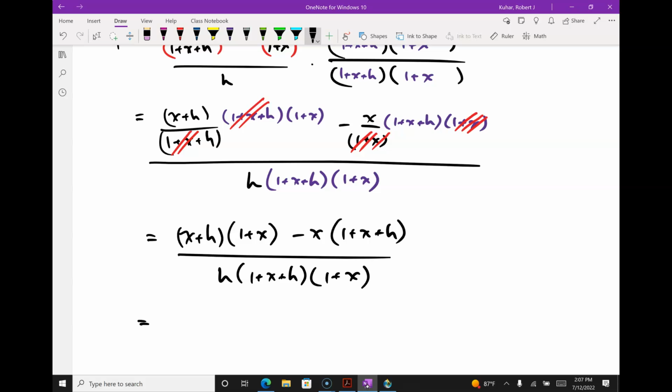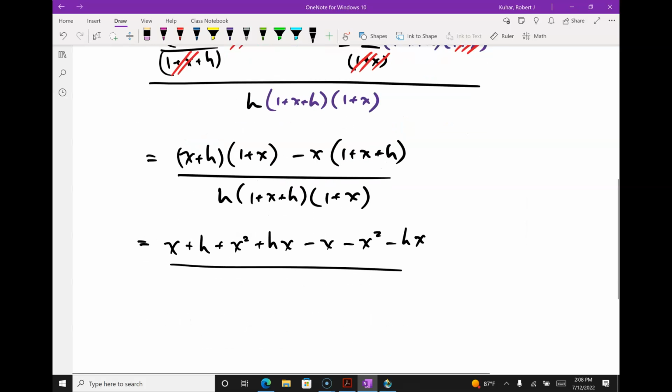I'm going to distribute. Upstairs only. Why? Why do I distribute upstairs only? Yeah, I want to get things factored so I can cross things out. I don't want to distribute downstairs to go back. I want to get things factored.